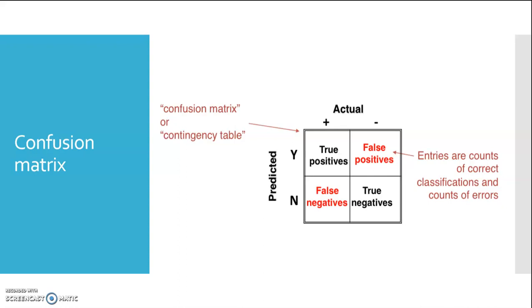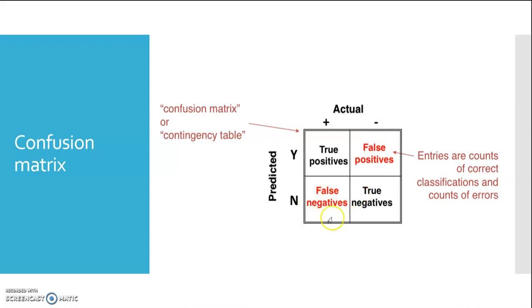So we want to see what the actual is. The actual is negative, so this must be falsely positive, because you predict it to be positive, but it is falsely positive.